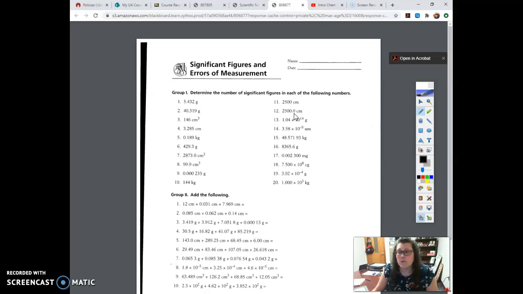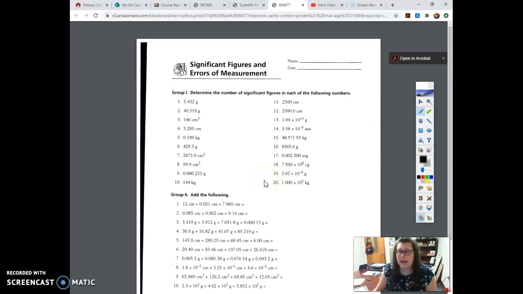So this 0 would also be significant. If we look at number 17 as an example, this 0 here is not significant. These 2 zeros between the decimal and the 2 are also not significant. But the 2 zeros at the end are. So we would have 4 significant figures in this example.